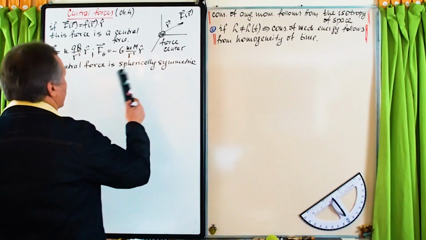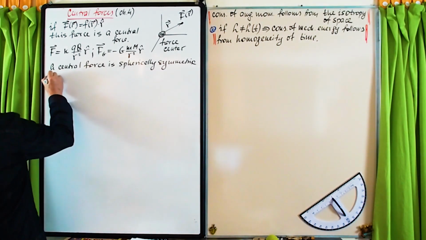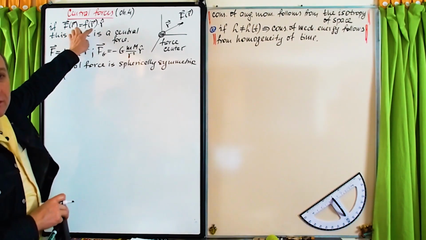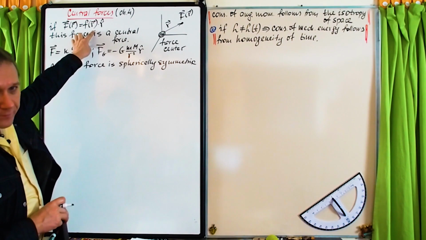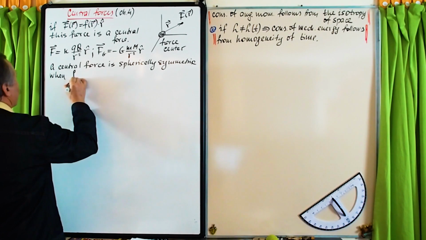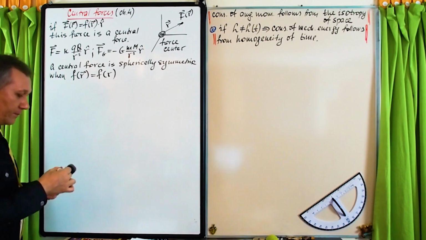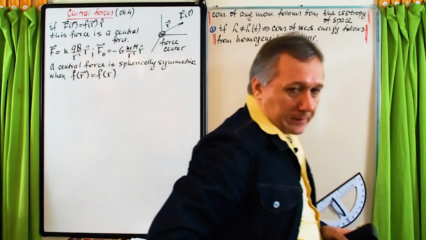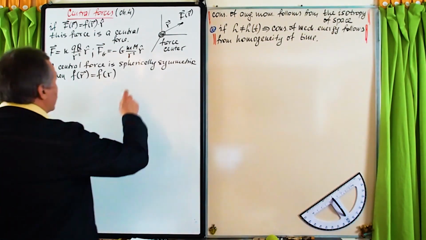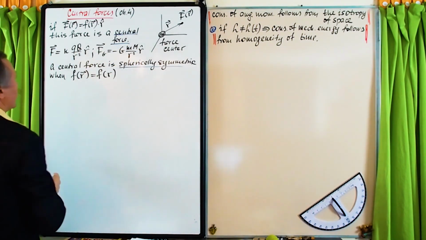So in this case, the force is spherically symmetric. Okay, so a central force is spherically symmetric when this absolute value F is not a function of a vector, it's a function of the absolute value of r. So when F of r equals F of the absolute value of r, the force is spherically symmetric. Okay, let me frame it and underline.